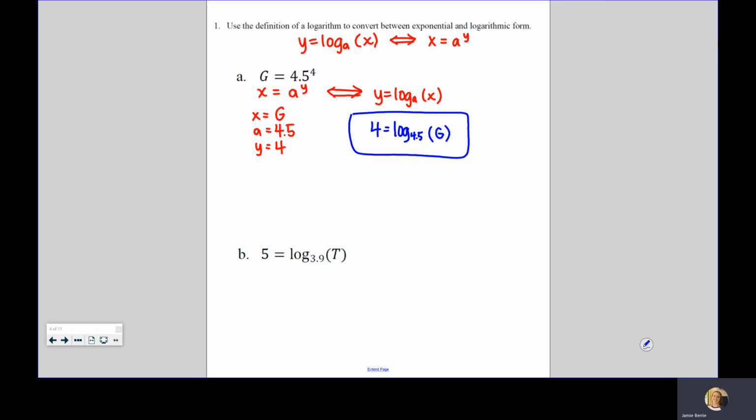All right, the next one's definitely in logarithmic form. 5 equals log base 3.9 of t. So you can write the definition up under here. Y equals log base a of x is equivalent to x equals a to the y.